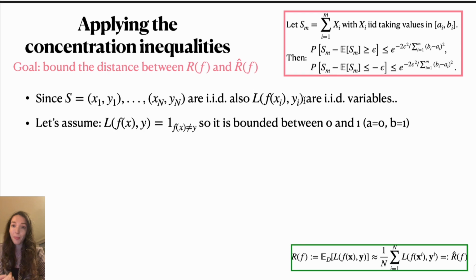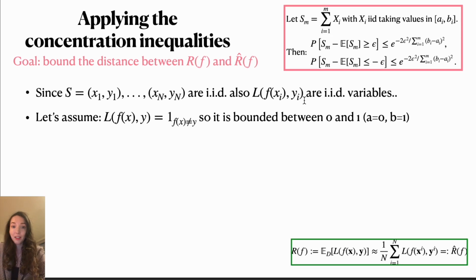Second step, for Hoeffding's lemma, we also needed each xi, so in our case each loss of f(xi), yi, to be bounded. In general, loss functions are not necessarily bounded. If we take the mean squared error, it can become infinity. So we need to take a specific choice of the loss function.